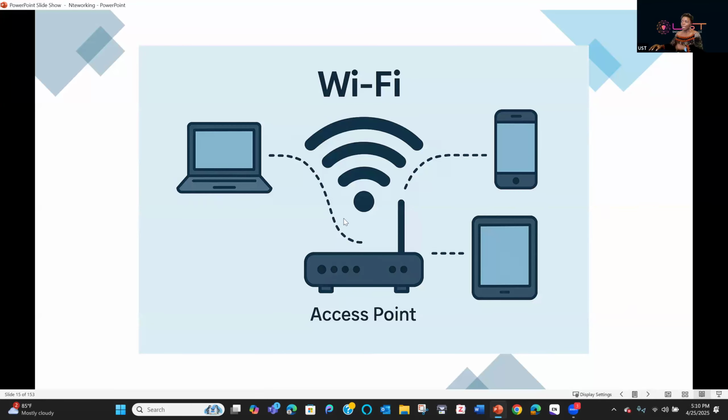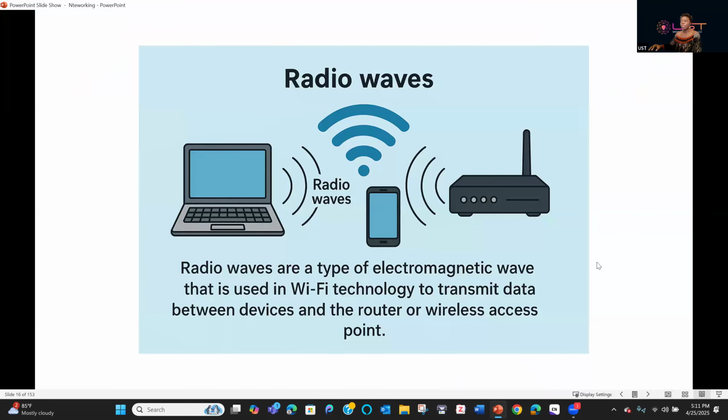This is a typical example. You don't see the internet cable or physical location, but all this happens over Wi-Fi. This is an access point. These devices are connected to each other, and communication now happens over Wi-Fi. As I said, we will discuss this in depth.